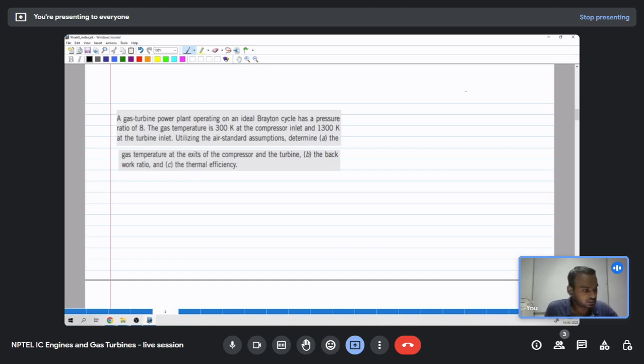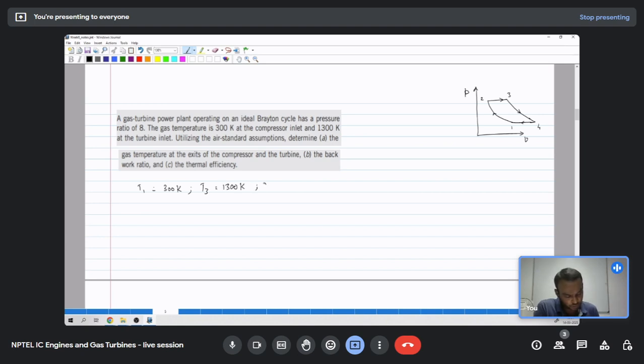Now I think we can have the schematic. The temperature at T1 is equal to 300 Kelvin, and temperature at the turbine inlet, so that is at T3, it is 1300 Kelvin.